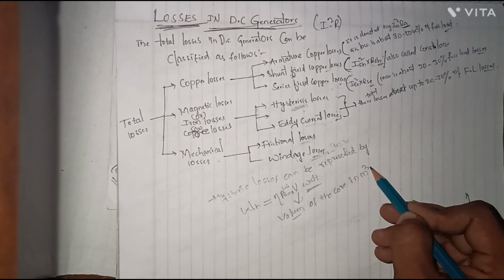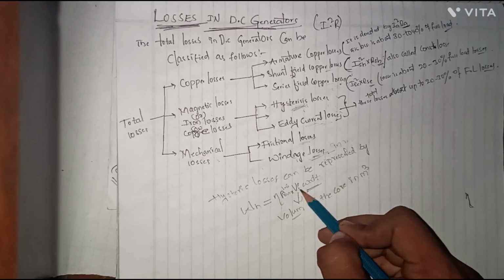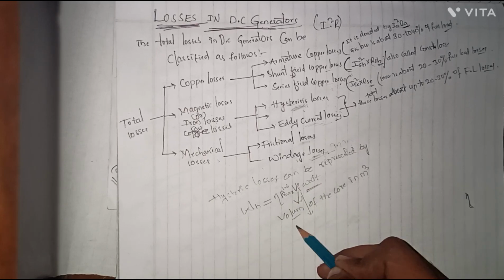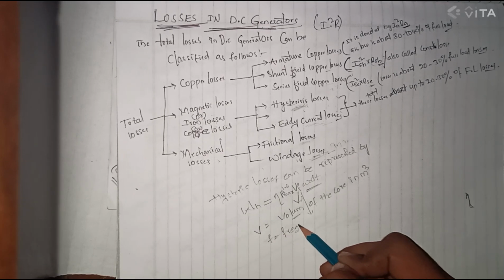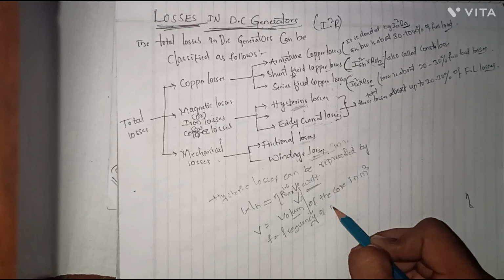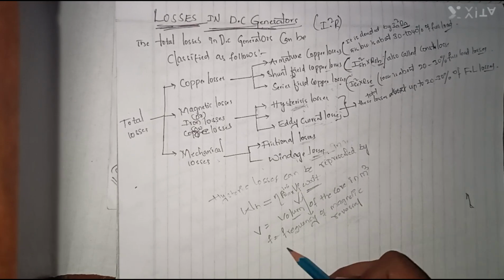Next, F also. F means frequency of the magnetic reversals. Next, it is eta.